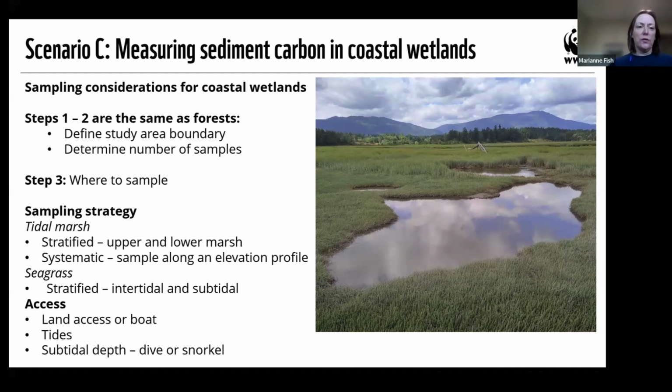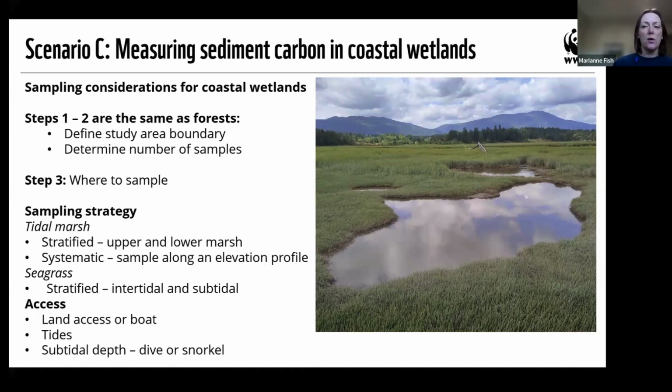But just a few considerations specific to coastal wetlands like salt marshes and seagrass meadows in terms of the other 3 steps. So for where to sample, there's likely to be differences in physical and biological characteristics of the system that you may want to consider. So a fairly obvious one for marsh is in terms of upper and lower marsh, which may have differences in terms of elevation, in salinity, and in terms of plant communities.